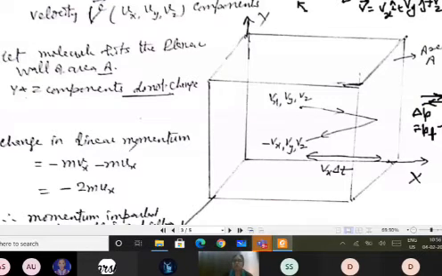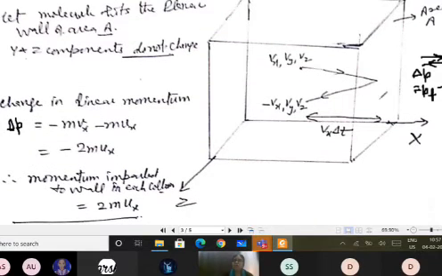So the change in linear momentum, delta P, equals final minus initial, which is minus mvx minus mvx, so I'm getting minus twice mvx. The momentum imparted to the wall in each collision is the negative of this change in linear momentum, so I'm getting the result with positive sign, that is 2mvx.